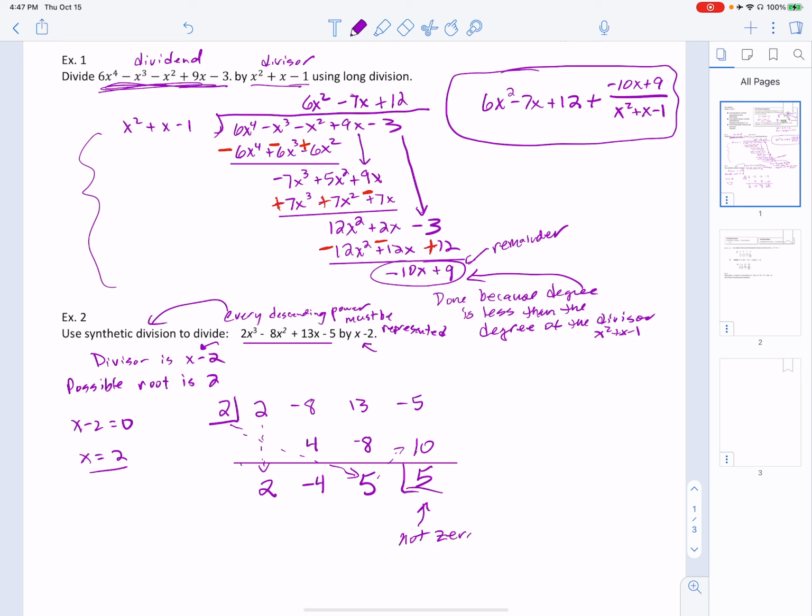Since this is not 0, 2 is not a root, so 5 is the remainder. 2 isn't a root, but that still helps me because this right here gives me the coefficients of a quotient of 1 less degree.